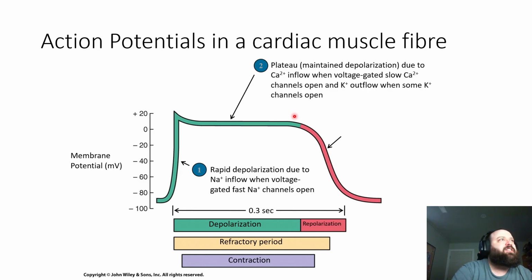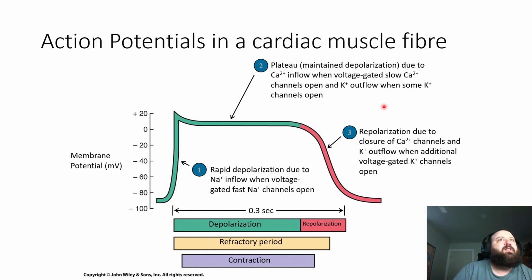The final stage of this action potential is a repolarization due to the closure of calcium channels and the continued potassium outflow when the additional voltage-gated potassium channels open. So this part of the action potential occurs when the calcium channels shut down. So now you're still losing potassium, but you're not gaining the calcium, and so now you're going to hyperpolarize, and you're going to be able to drop down back to resting, and then this whole cycle will continue again.